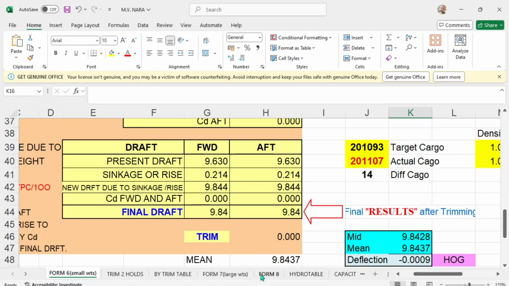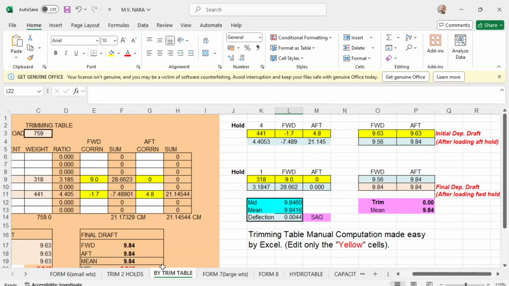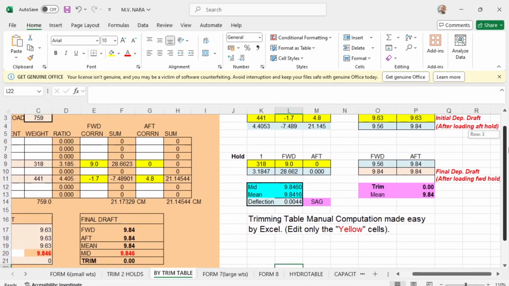Your mean draft is 9.8437, and you have a 0 deflection here. And your trim will be 9.84 here, 9.84, and your trim is 0, and mid is 9.846. The same with here, 9.84, 0 trim, and mean draft.